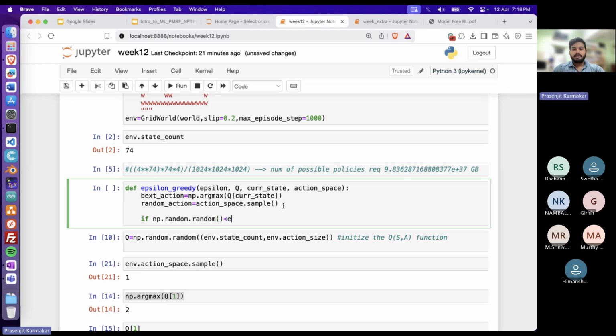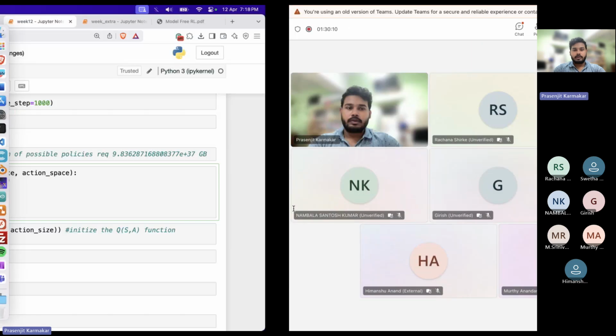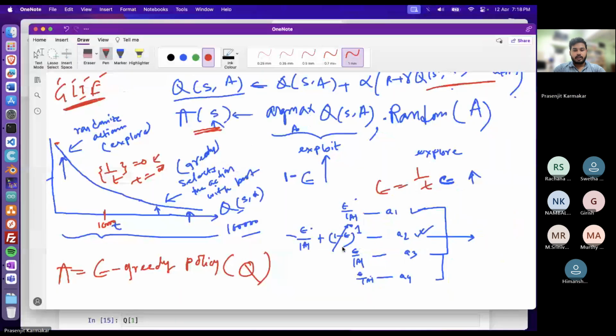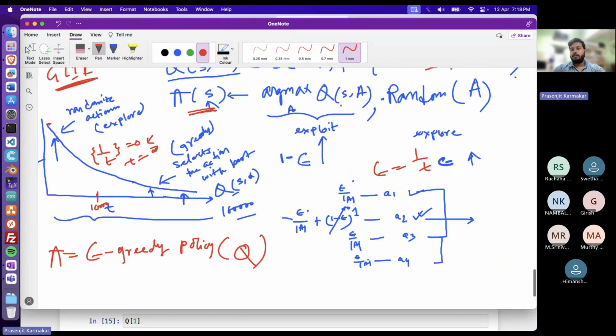If it is less than epsilon, with epsilon probability I will take a random action, and with 1 minus epsilon I will take the best action.